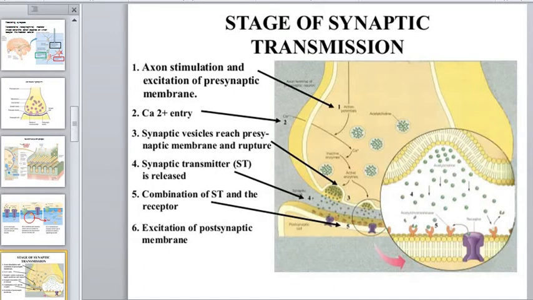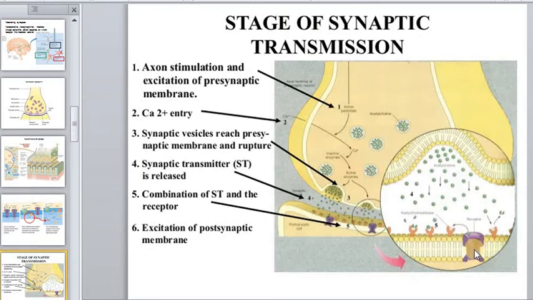Neurotransmitters bind to specific receptors on the postsynaptic membrane and open ligand-gated ion channels, the special channels you see, and the opening of ion channels generates an electrical impulse in the postsynaptic neuron, propagating the presynaptic signal.